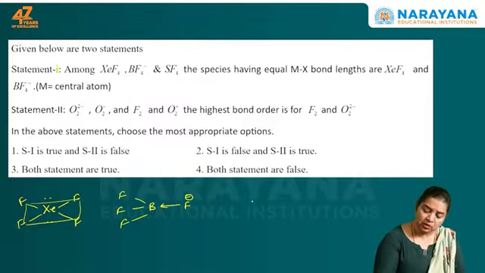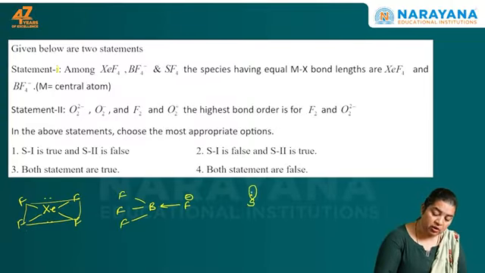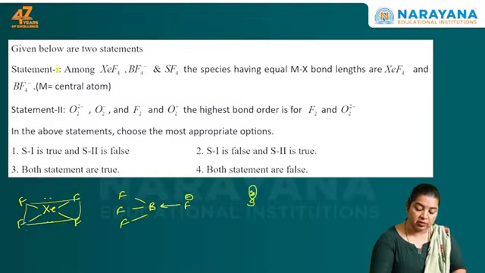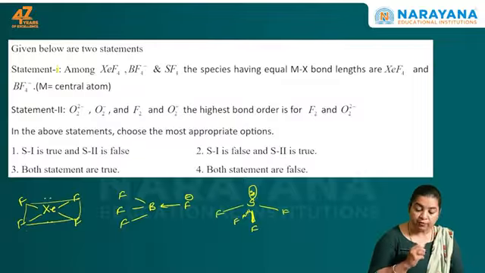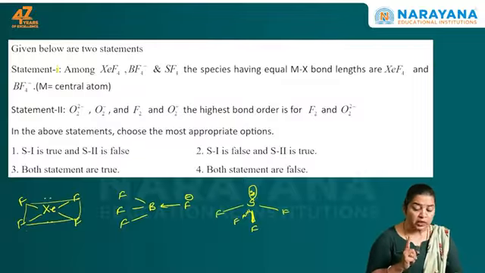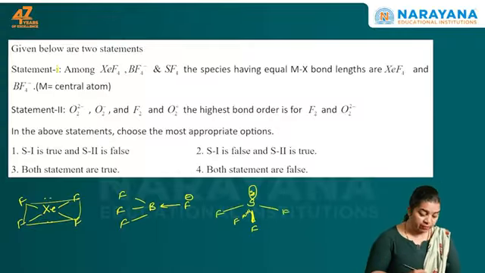SF4. Now, what is this SF4? If you remember, there is a distorted tetrahedron in this, right? The lone pair is there. There are two fluorines like this, and the other two fluorines are positioned wedge and dash. I hope all of you remember this SF4. So two S-F bond lengths are of one size, whereas the other two are of a different size.